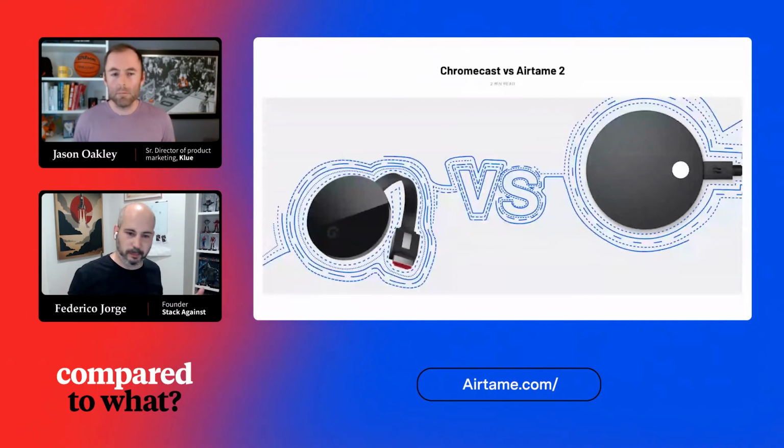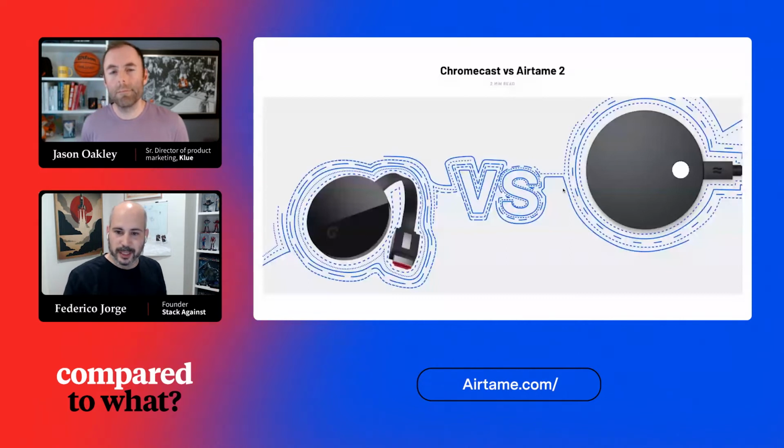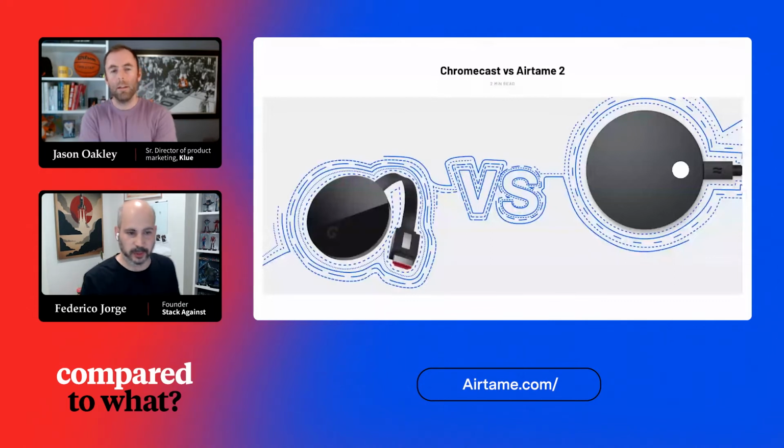You can't beat Google in terms of brand awareness. So how can this image tell me, or at least show me, these are two different products? Because right away, it doesn't seem like there's two different products. They're both in the same shape, same color, same size. So I don't know. Again, I think that's a missed opportunity right there.